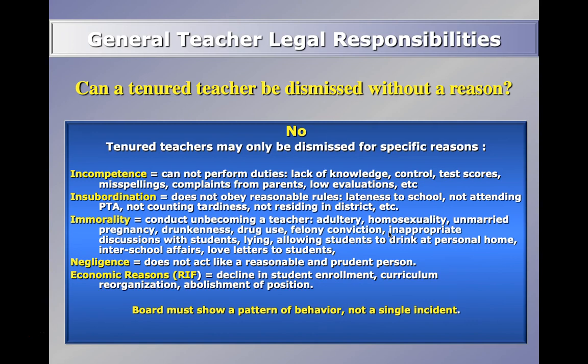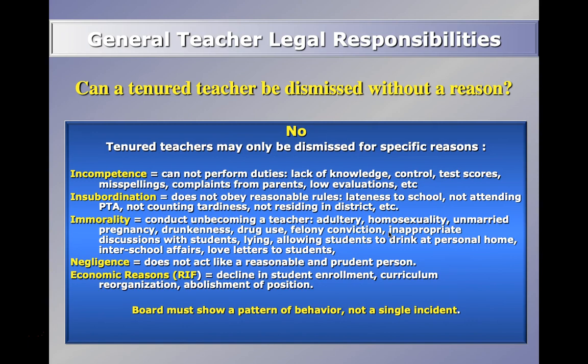Insubordination: if you can't abide by reasonable rules, like you're tardy all the time, or you're not attending the PTA when they want you to. Sometimes they dismiss one for not residing in the district, and I think the courts sided more with the teacher on that one.